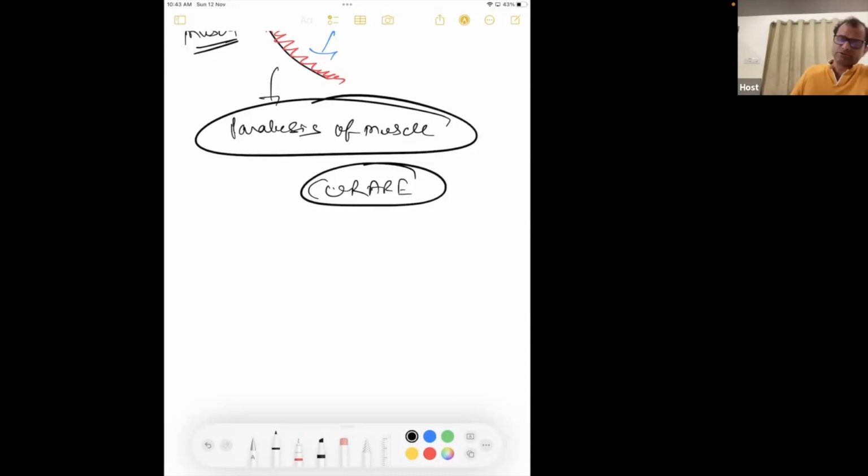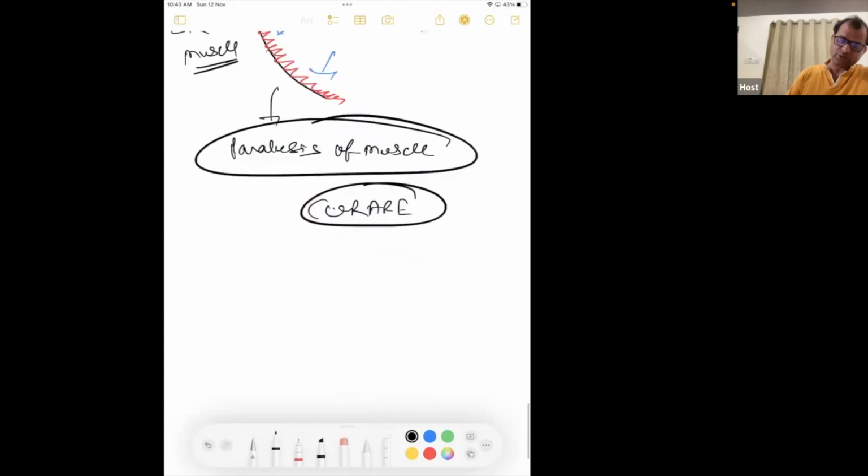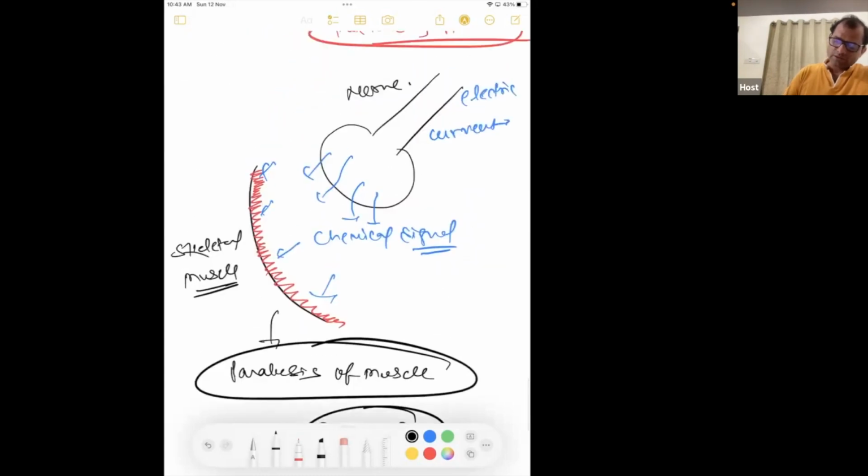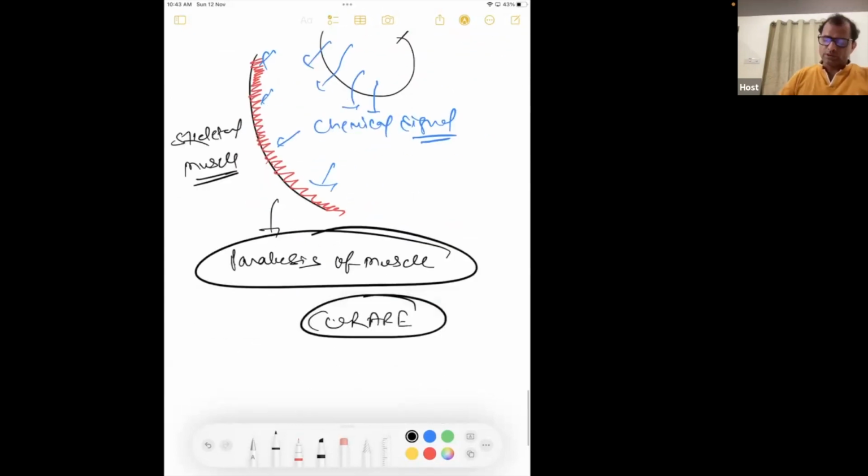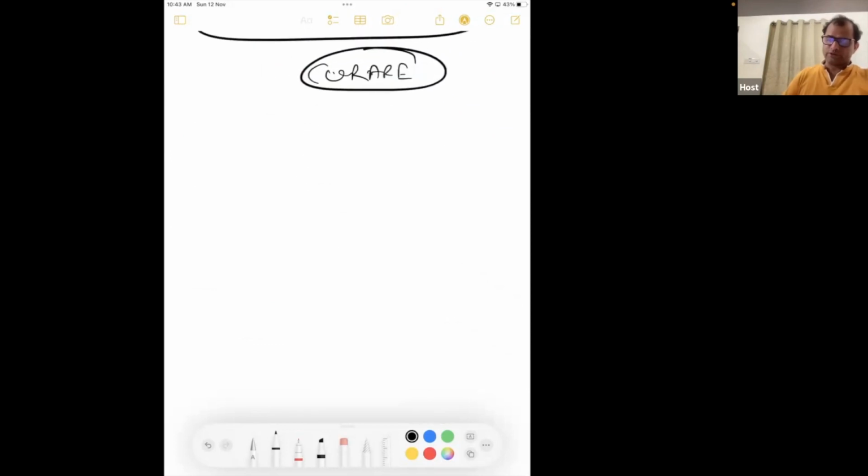There are also many other problems, like those due to botulinum toxin, which we'll discuss. So first we have to try to understand that this junction is very important if you want to perform any action. Now we have to understand the anatomy of this junction properly. So suppose this is the nerve coming from the anterior horn, and this is a nerve terminal.